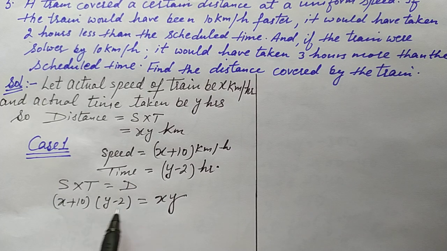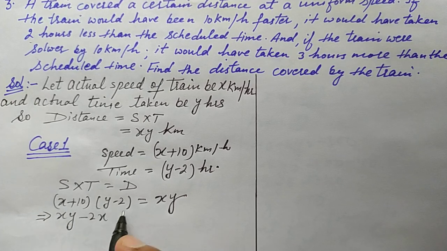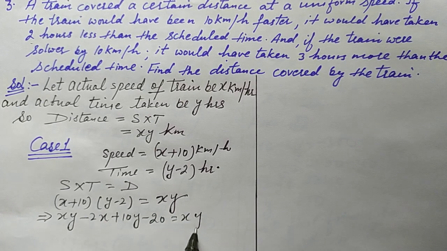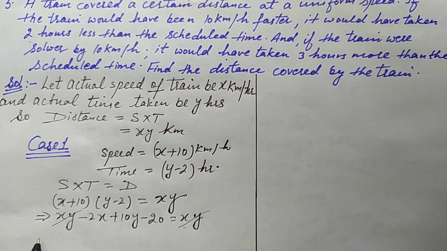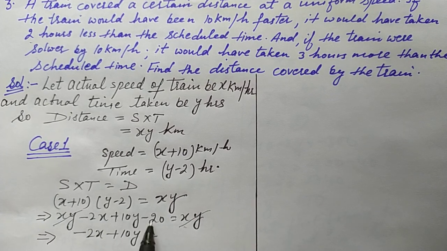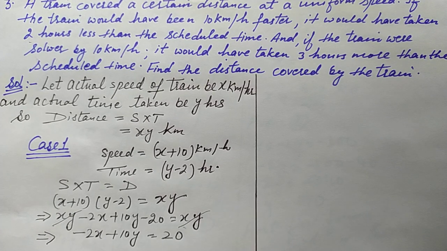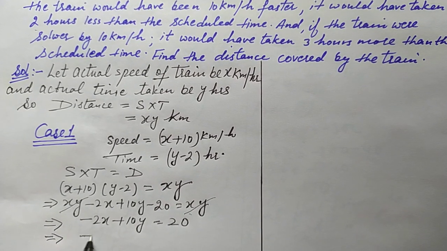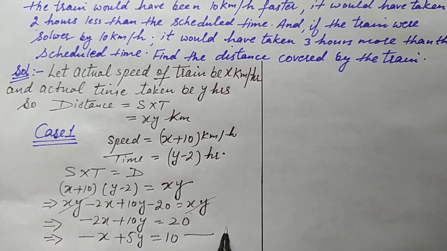Multiply by x these two, so it becomes xy minus 2x, then 10 into y is plus 10y, 10 into minus 2 is minus 20, equal to xy. Now xy is the same on both sides, these can be cancelled. What is left: minus 2x plus 10y equals, take 20 to the right hand side, so it becomes plus 20. Now we can divide the equation on both sides by 2, so we get minus x plus 5y equals 10. This is our first equation.